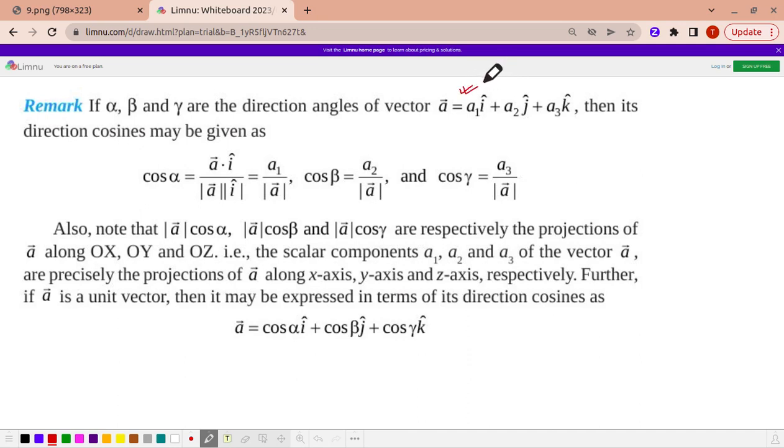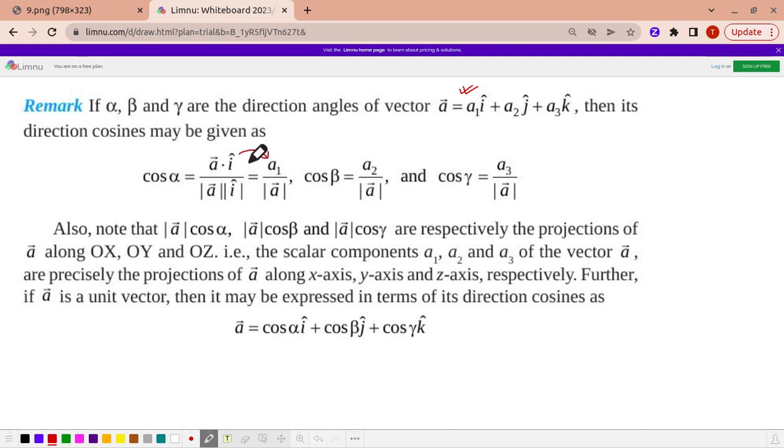Then its direction cosines may be given as cos alpha equal to A dot i cap by mod A into mod i cap. We know A dot i cap is nothing but A1, because A is A1 i plus A2 j plus A3 k.